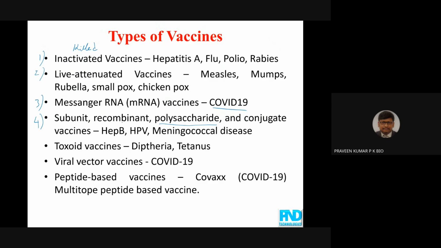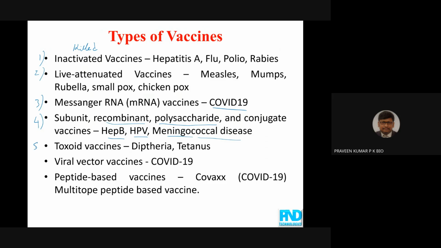So subunit, recombinant type of vaccines, polysaccharide vaccines, and conjugate vaccines. Everything comes under this category, for example hepatitis B, human papillomavirus, meningococcal disease, which generally affects the brain. For all these things we can use subunit type of vaccines.